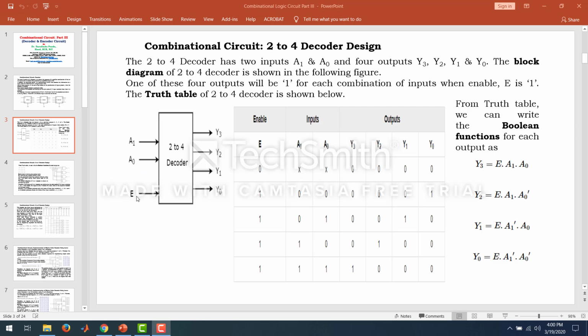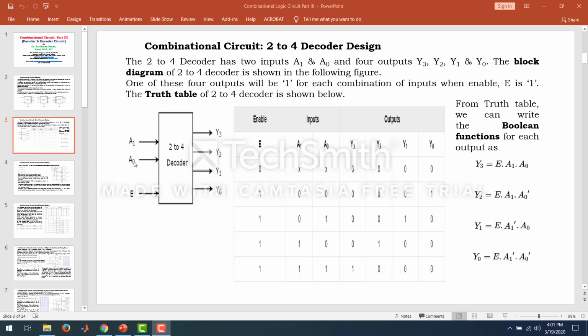When E is equal to 0, the decoder will be deactivated, so irrespective of the inputs A0 and A1, Y0, Y1, Y2, Y3 will be 0. Now if E is equal to 1, then depending upon the combination of A0 and A1, one of Y0, Y1, Y2, Y3 will be high as 1.